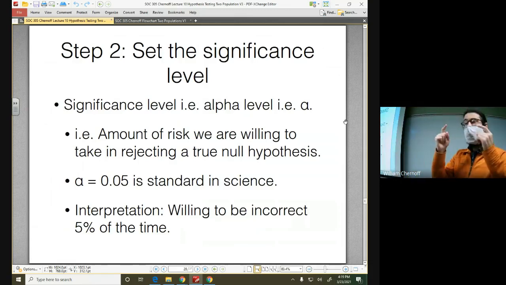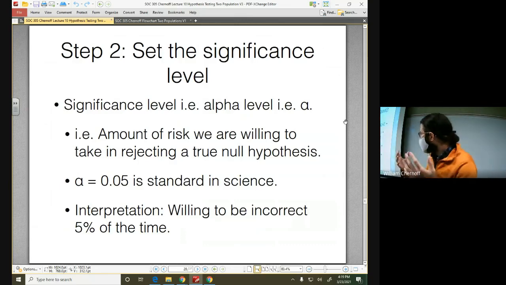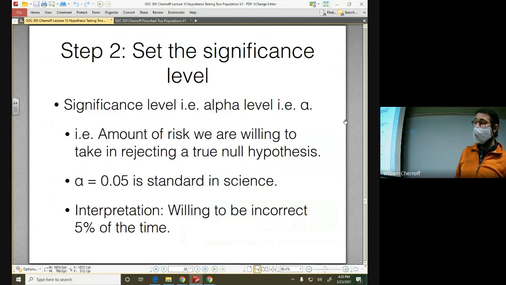So we have to make a decision. We have to decide, is that claim true or not? We're going to use our data to make that decision. There's always going to be a chance that we're wrong, so we need to specify our threshold. We set alpha, or significance level, equal to 0.05.